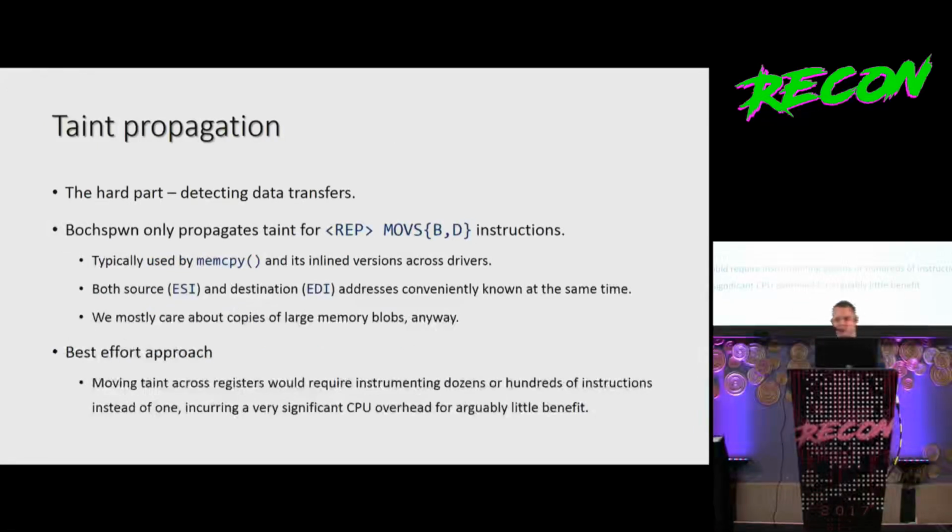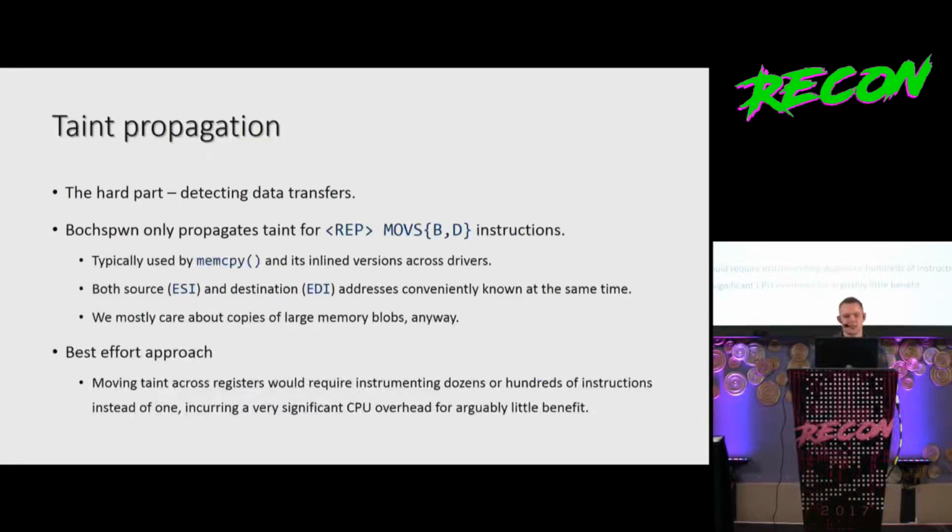because we somehow have to detect data transfers between memory. This is why I said in the abstract of the talk that the taint tracking is rudimentary, because we only actually propagate taint for one instruction, which is movsb, movsd with the rep prefix, which means that we know about all of the memcpy calls, both regular function calls and also the inline versions.